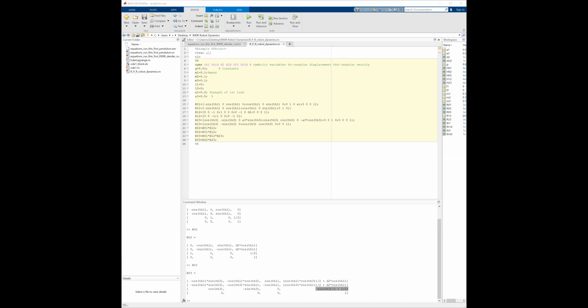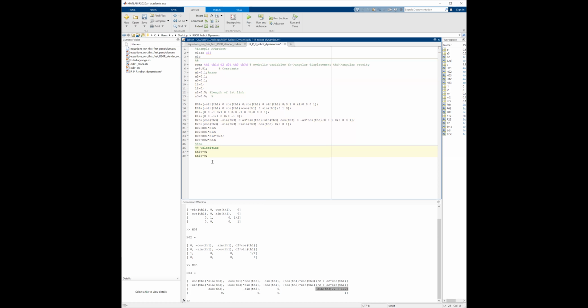So we'll start with the velocities and kinetic energies, KEs. Kinetic energy for the first mass: kinetic energy in translation, kinetic energy in rotation. Kinetic energy for the second mass in translation is this, which comes from the derivative of Px2, Py2, and Pz2.